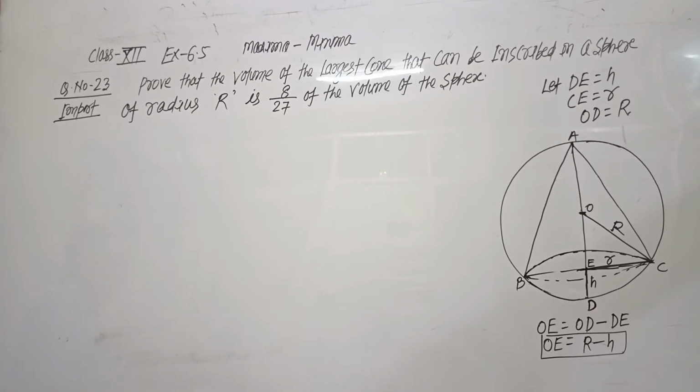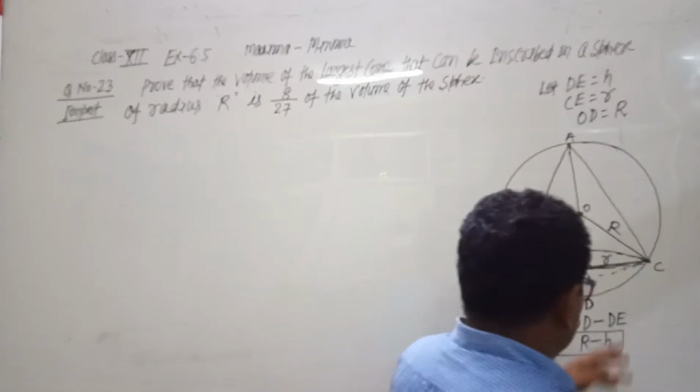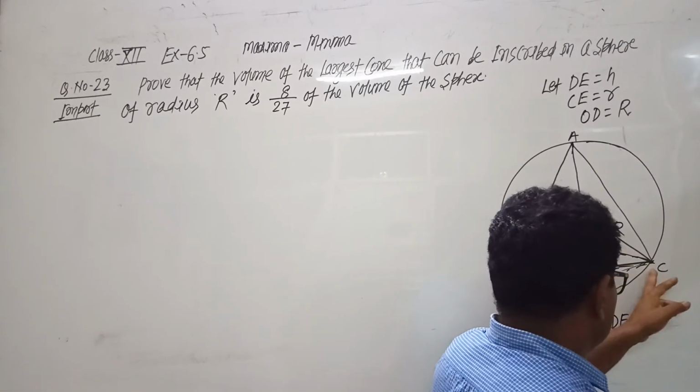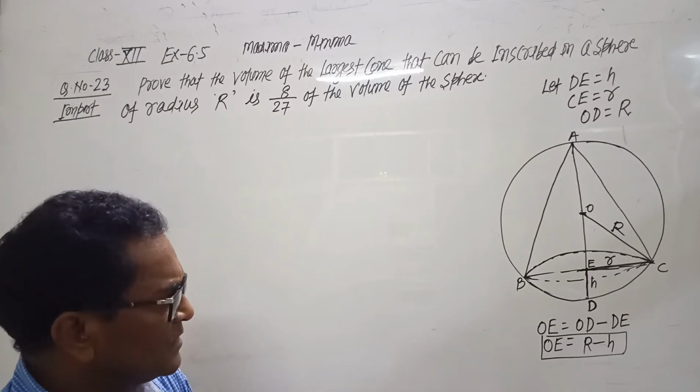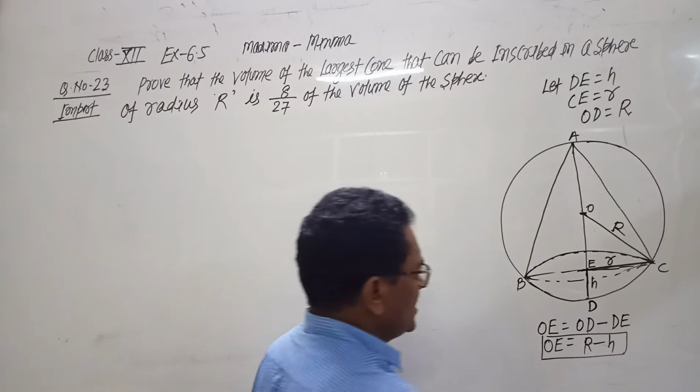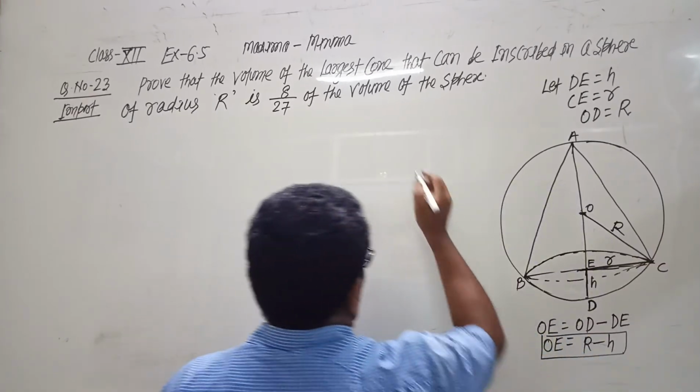Now we are interested in finding the value of CE, the radius r. OEC is a right angle triangle.